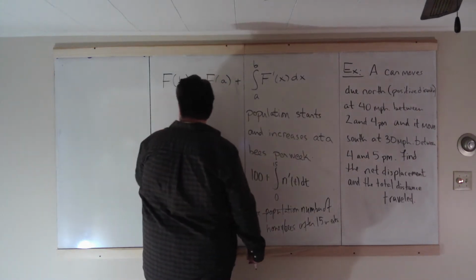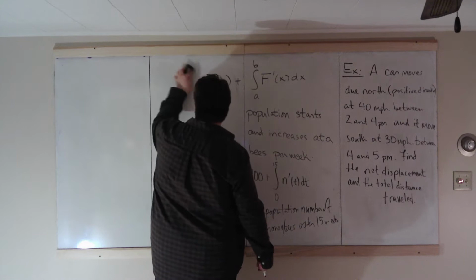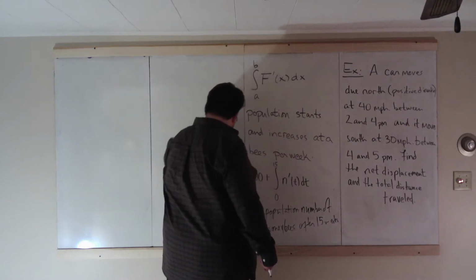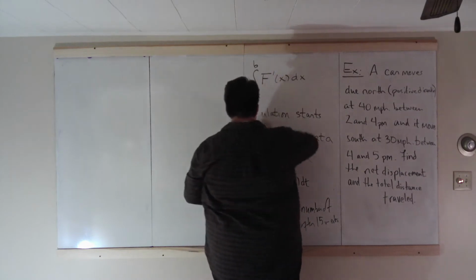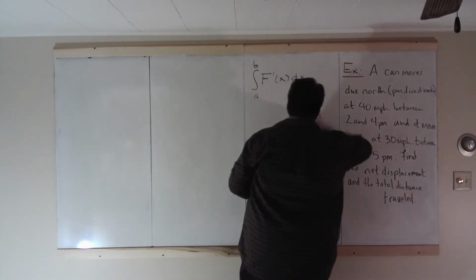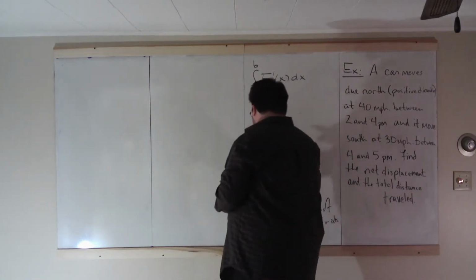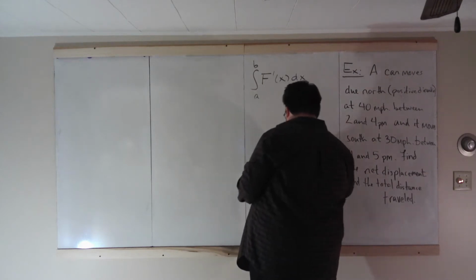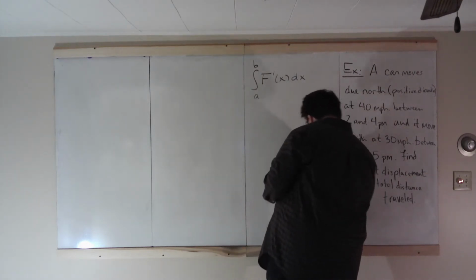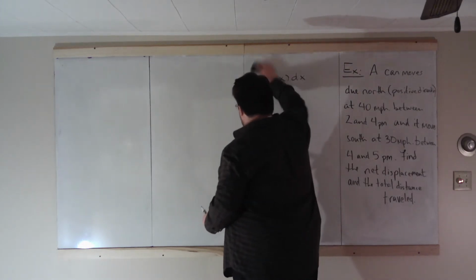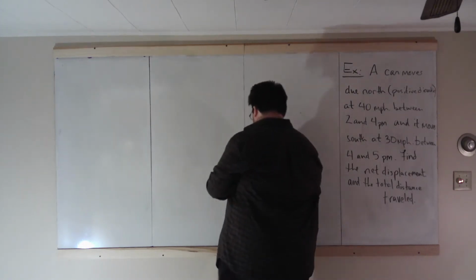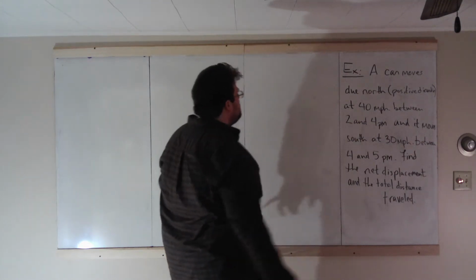So let's now look at the most common rate of change we've discussed, which was velocity. Velocity gives a rate of change. Velocity tells us how position is changing. So here we're going to use the net change theorem to figure out a net change in position given a velocity. Example: a car moves due north.